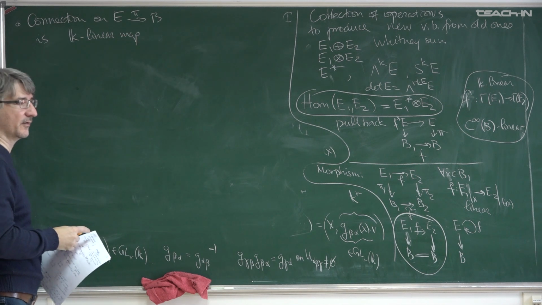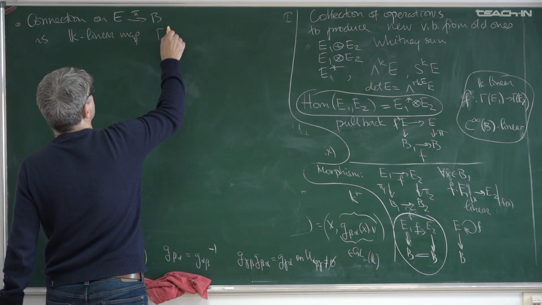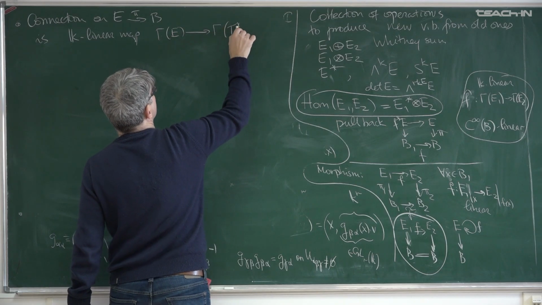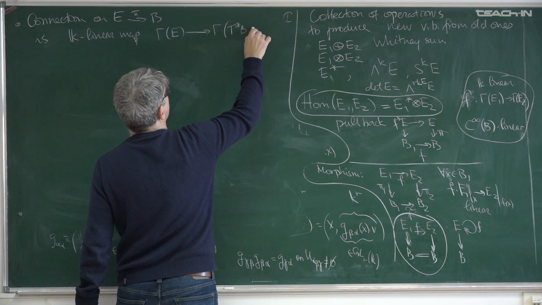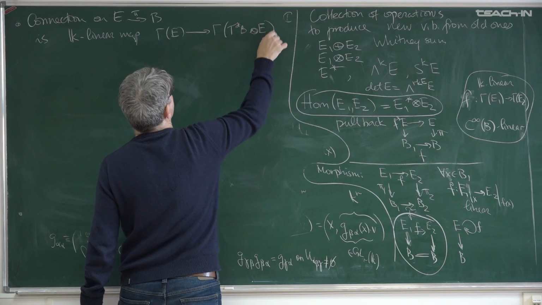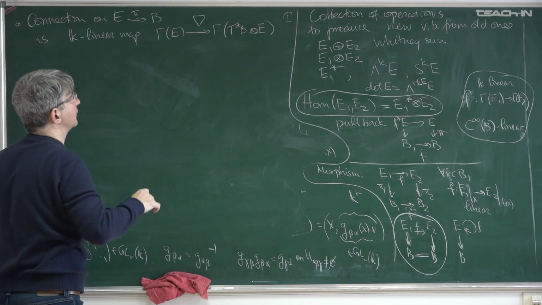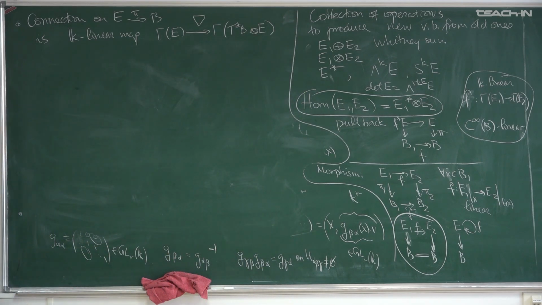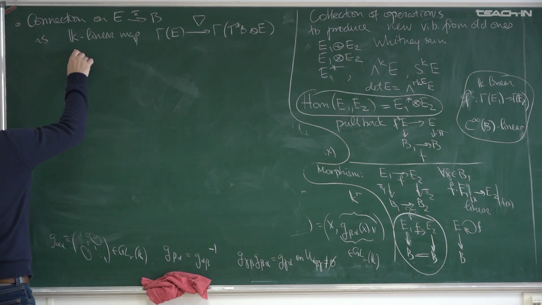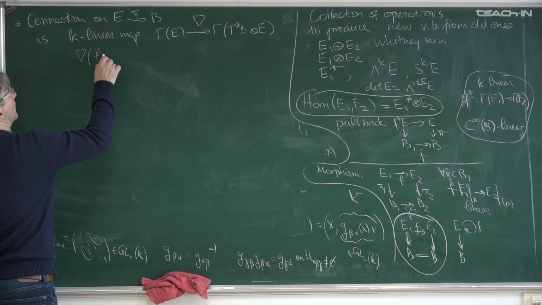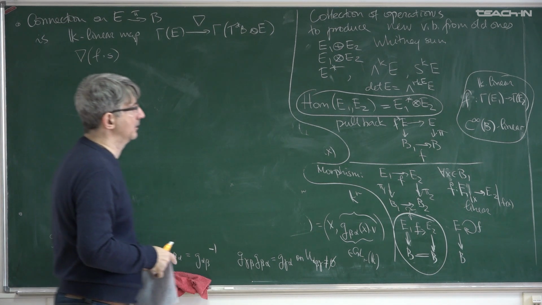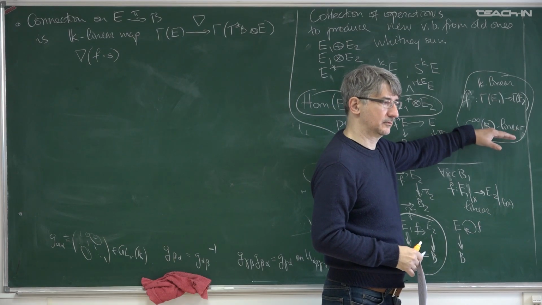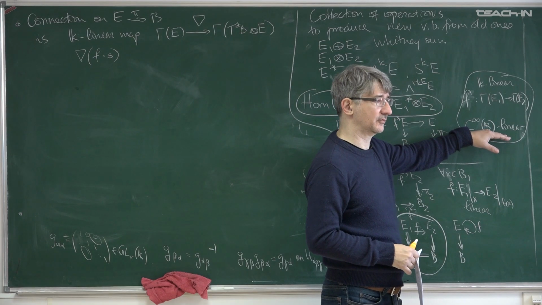So a connection is a k-linear map from sections of E to sections of another vector bundle, T star B tensor E. And the notation for this object is nabla. Okay? The property. This is not linear over functions on the base.